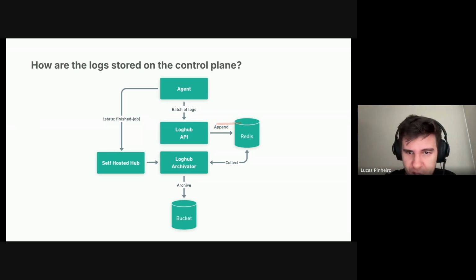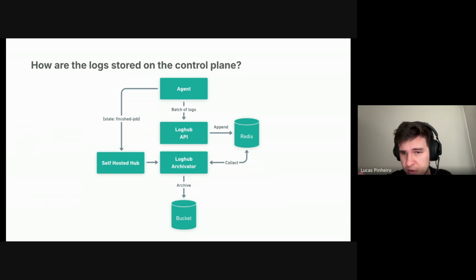After the job is done, the agent will send a request to the self-hosted hub through the sync protocol to indicate that it finished the job. At that point, the self-hosted hub will send an event to the Log Hub archivator, which will fetch all the logs for that job in the Redis server, collect them, archive them, and send them to a bucket, which is the final destination for all the job logs.